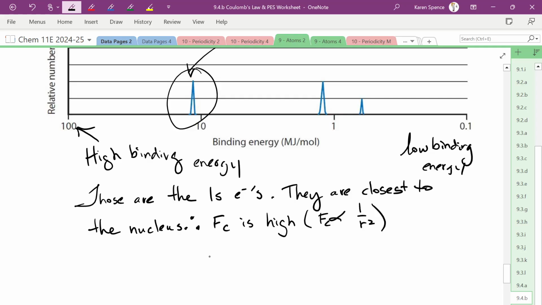They're closest to the nucleus, therefore the Coulombic attraction is high, because the Coulombic attraction is proportional to 1 over r squared, where r is the separation distance.